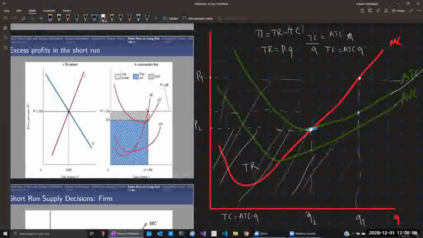Which is also equal to the total revenue. So what is total profit in this case at this price level P2? It is equal to 0, and that's why we call this point break-even.